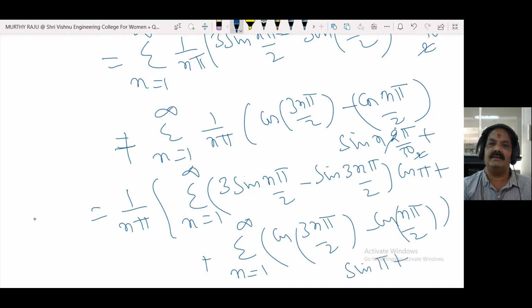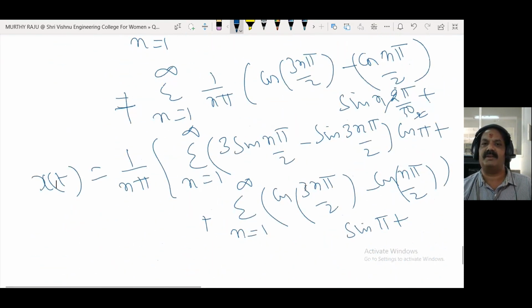This is the final expression of the Fourier series.